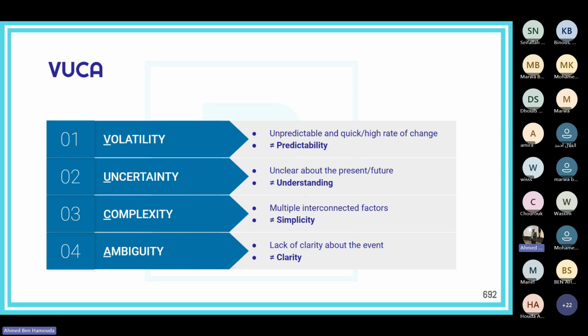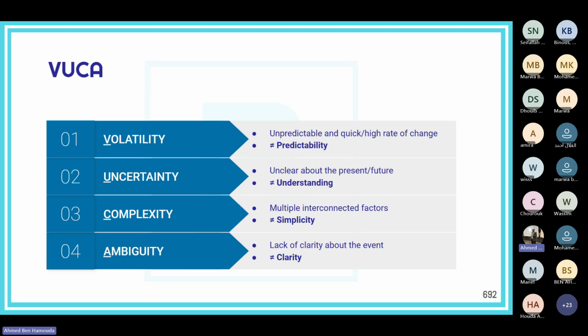The opposite of that is predictability. Predictability is an event which is predictable. Actually, it's constant, it doesn't change that often. But a volatile event is an event that keeps changing a lot, in terms of probability of happening, for example. An uncertainty is about being unclear about something in the present or in the future, not being able to understand something.